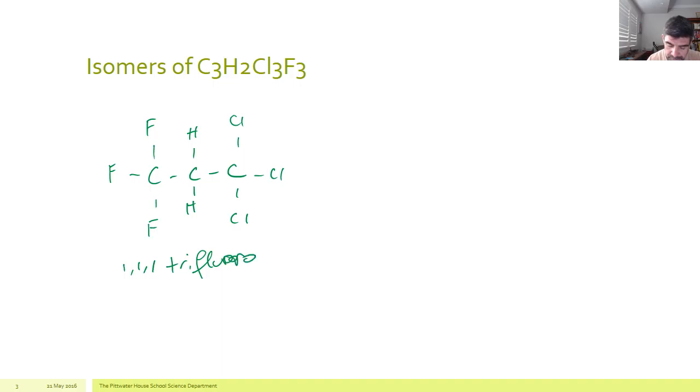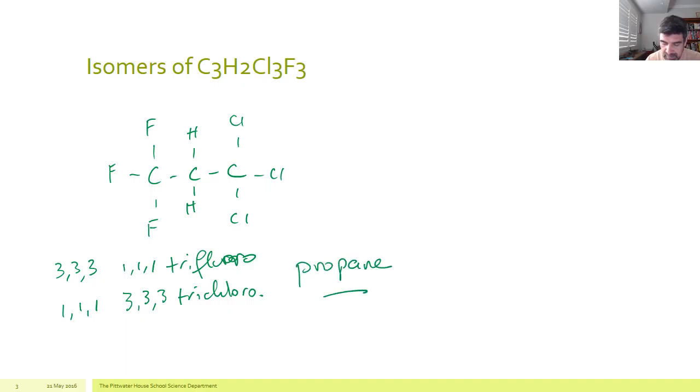Oops, fluoro. And a 3, 3, 3 trichloro. Or the opposite, 3, 3, 3, and 1, 1, 1. The rest of it will be propane because it is a 3-carbon compound. So how do I know which of these is correct? Well, the numbers are still 1, 1, 1, 3, 3, 3, so that doesn't change.